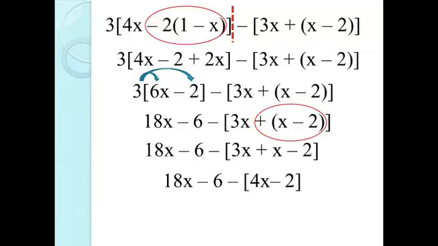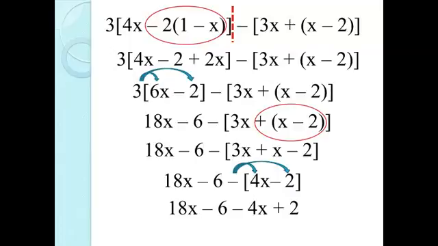Rewriting the problem, we see there is nothing left inside the right-hand side brackets to combine together. We can then take the negative outside the brackets and distribute it. Remember, you can treat that negative as if it were a negative 1. Negative 1 times 4x is negative 4x, and negative 1 times negative 2 is positive 2.